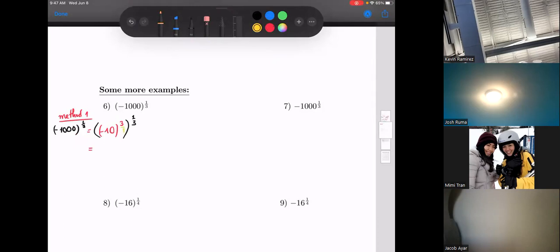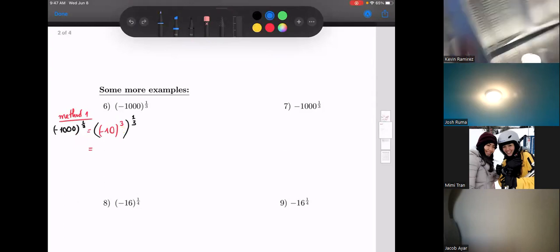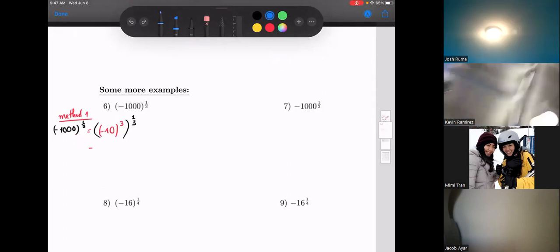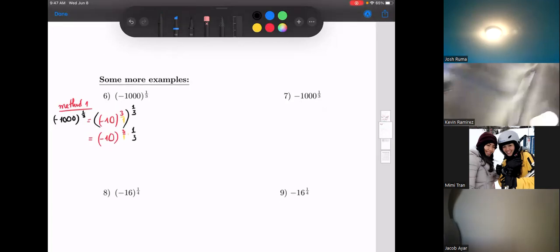So 3 is the same thing as 3/1. I suggest you do it like that. And now you multiply the exponents. So negative 10 to the 3/1 times 1/3. The 3 and 1/3 cancel, right? So it's gonna be negative 10 to the first power, which is negative 10. So that's one way.